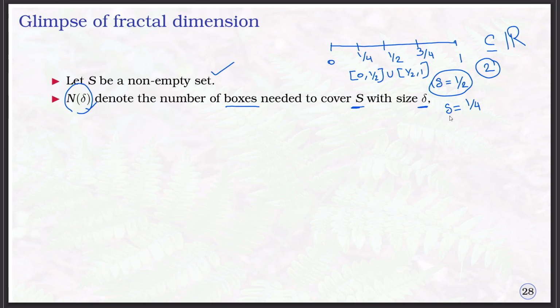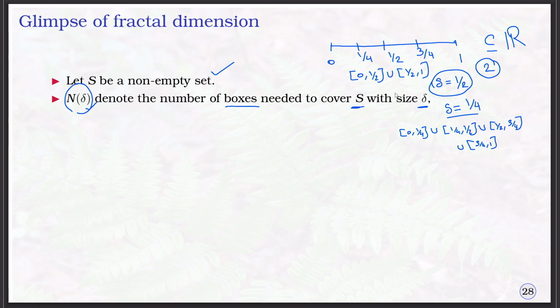So, if I take delta as 1 by 4, then for covering the same object we need 4 boxes: 0 to 1 by 4 union 1 by 4 to 1 by 2 union 1 by 2 to 3 by 4 union 3 by 4 to 1.